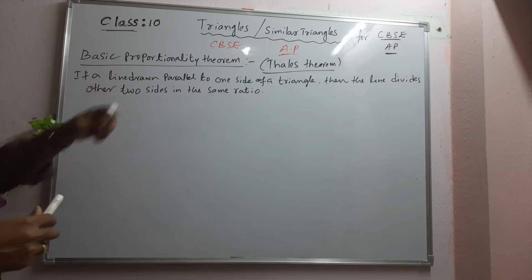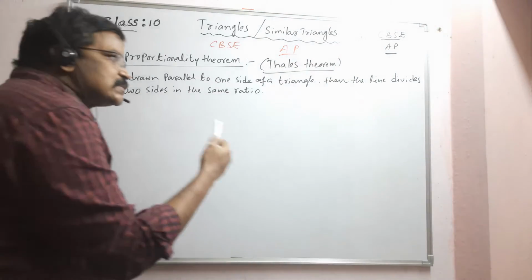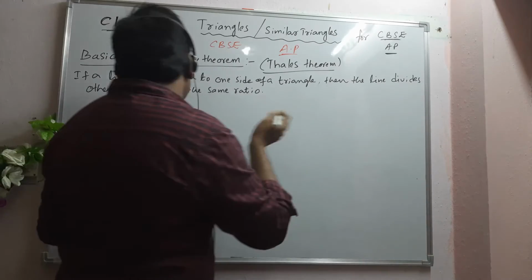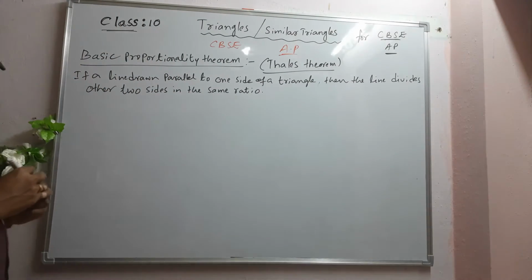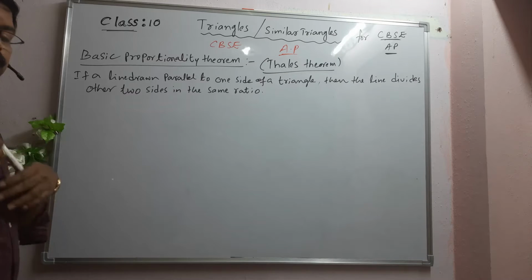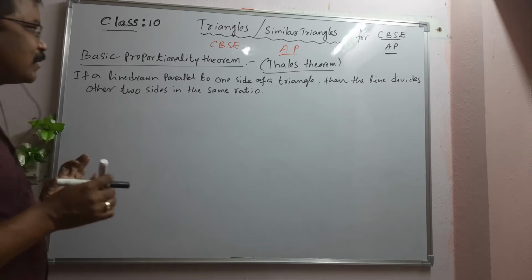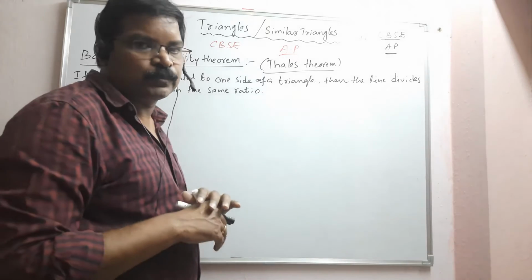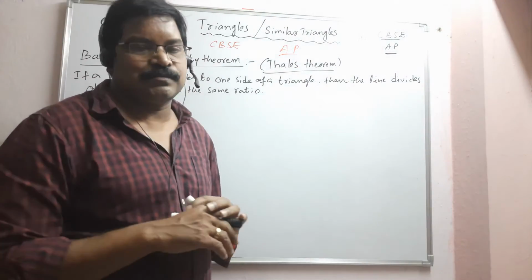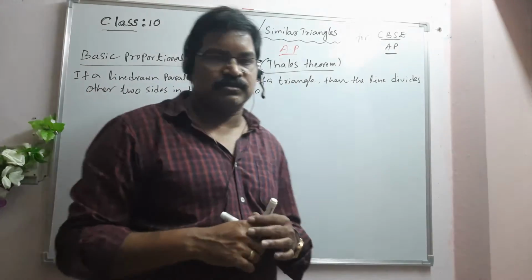If a line is drawn parallel to one side of a triangle, then the line divides the other two sides in the same ratio. This is the statement of the theorem. You have to learn the theorem statement also. Sometimes they won't give the statement. They will ask like this: state and prove basic proportionality theorem. That means you have to write the statement also.